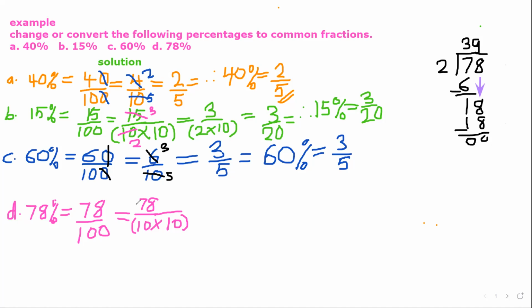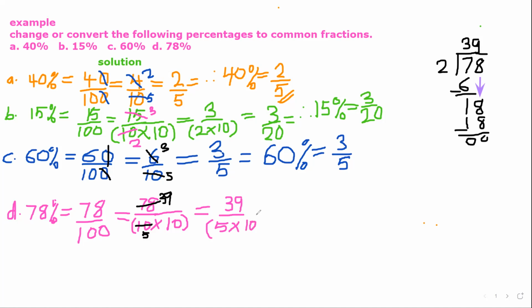Therefore, 2 cancels 78, 39 times. Okay, good. And then you choose any of the 10 here, 2 cancels here, 5, okay, 5 times. Then the remaining number here is what? 39 out of, then what is left in the bracket is 5 times 10.